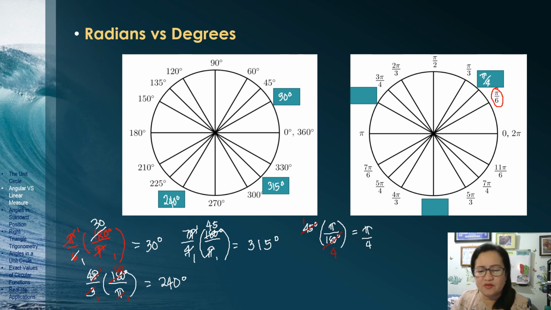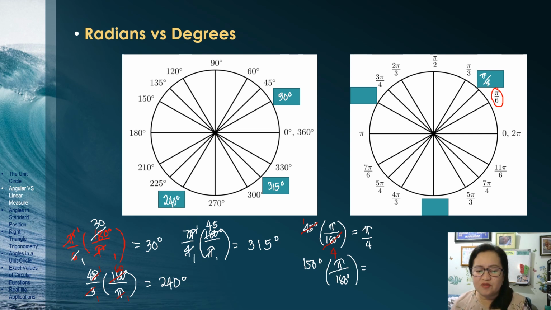What about this missing measure between 3 pi over 4 and pi? So that is equivalent to 150 degrees. Following the same procedure, we multiply by pi over 180. So we get the GCF of 150 and 180, that is 30.